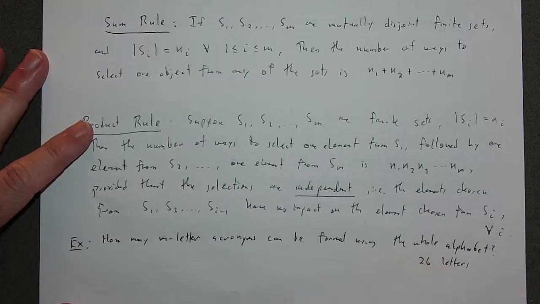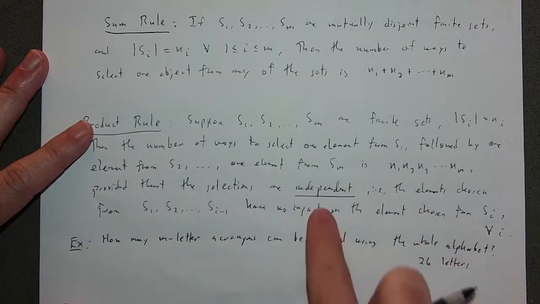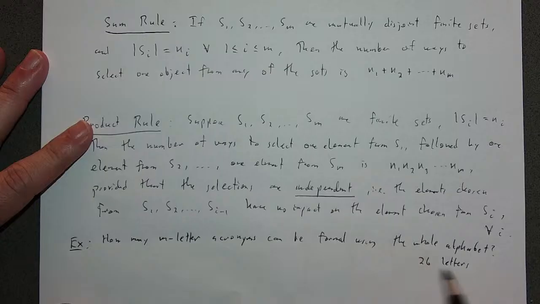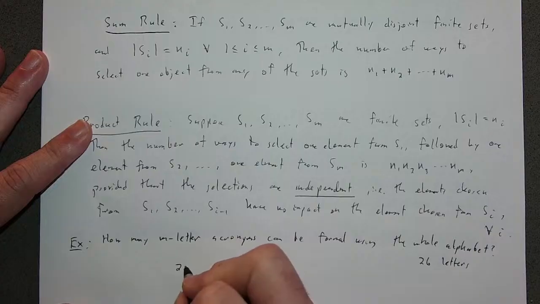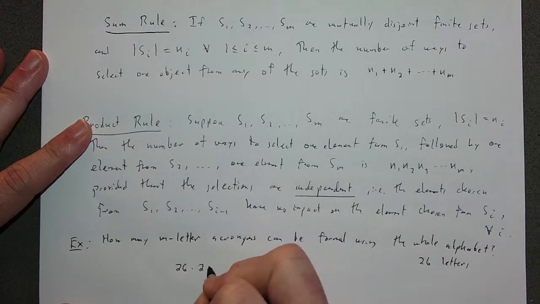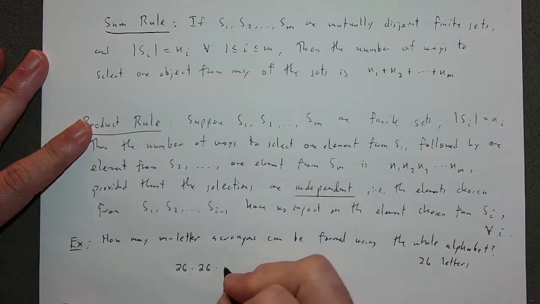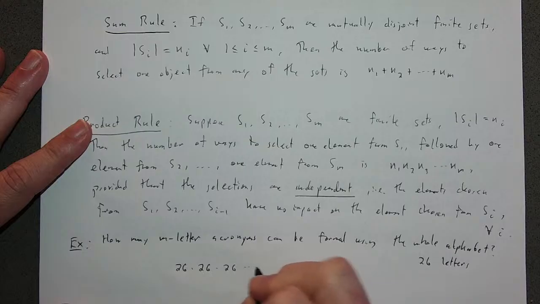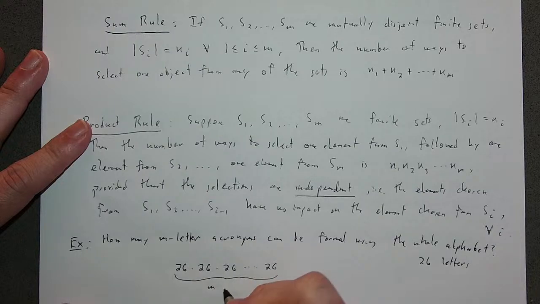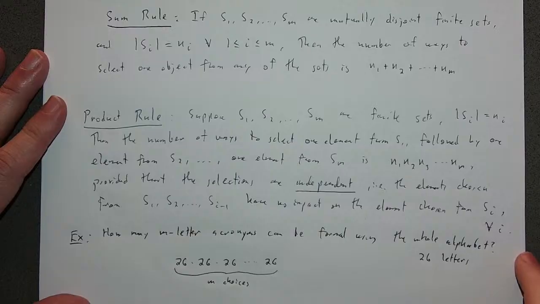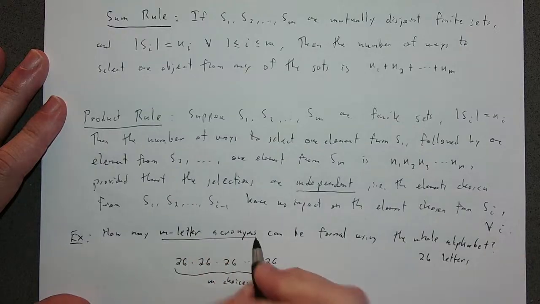So in each slot I have 26 choices, and that's it. I have 26 choices for the first letter, 26 choices for the next letter, and so on. For each choice I have 26 options, and there are M slots, because this is an M letter acronym.